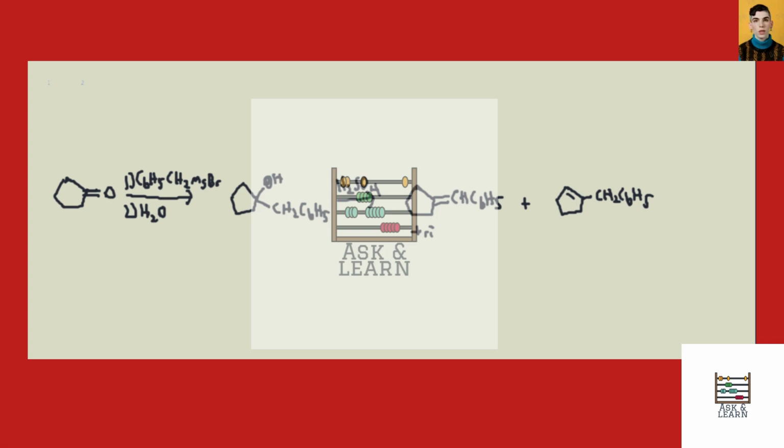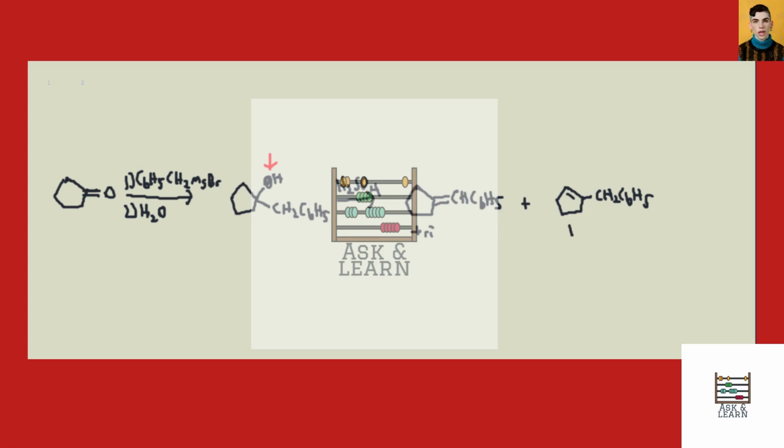Obviously, it depends on which hydrogen leaves. When we treat this with concentrated sulfuric acid, we're going to protonate the alcohol. The alcohol will then be H2O and want to leave. And so for our desired product to form, one of these hydrogens will go as well. And for our side product to form, a hydrogen on this carbon could potentially also leave. And so that's going to determine which we get.